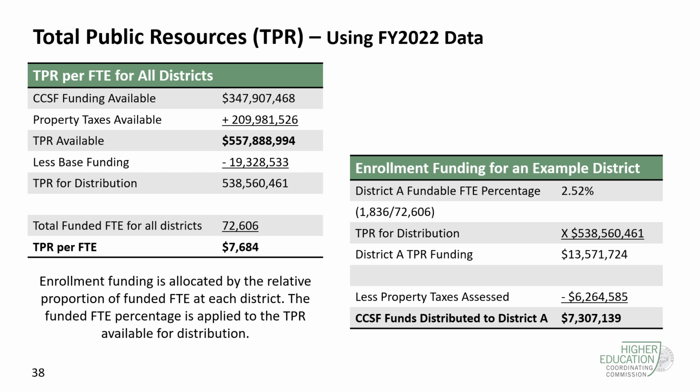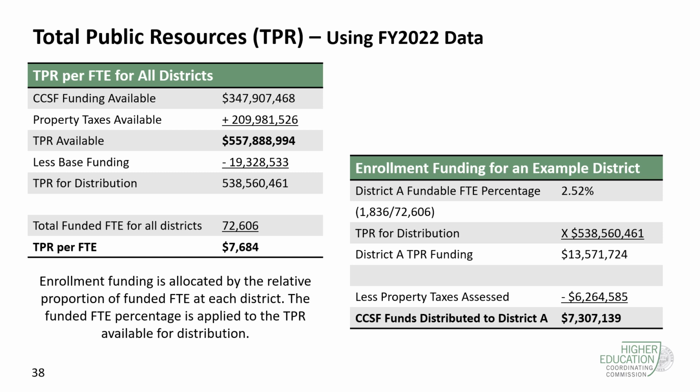And that's an important starting point, because then we apply, so each and every college will receive $7,684 per student.